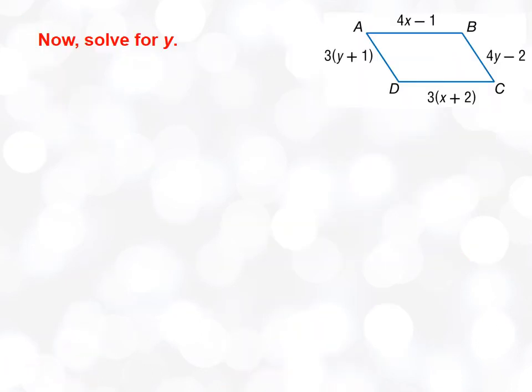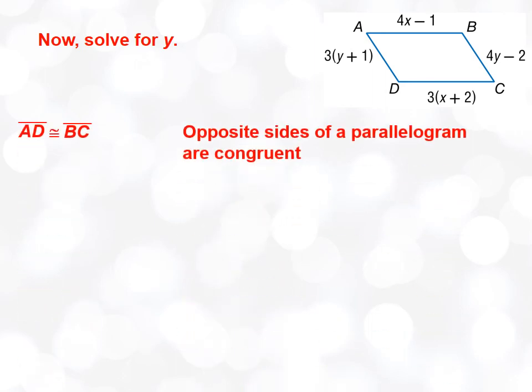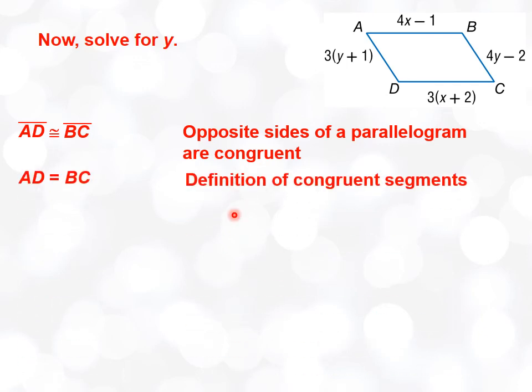Now we are going to solve for y. Here AD is congruent to BC, because opposite sides of a parallelogram are congruent. So we can say 3 times y plus 1 equals 4y minus 2.